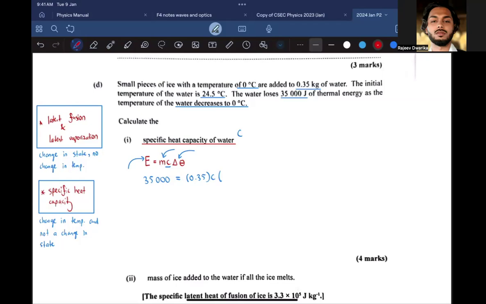What's the difference between 24.5 and 0? 24.5. The change is 24.5. You would have had to decrease the temperature by 24.5 to go to 0, right? Yes, sir, I understand. So the difference is 24.5.